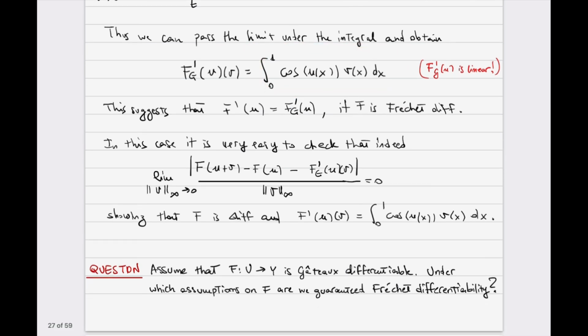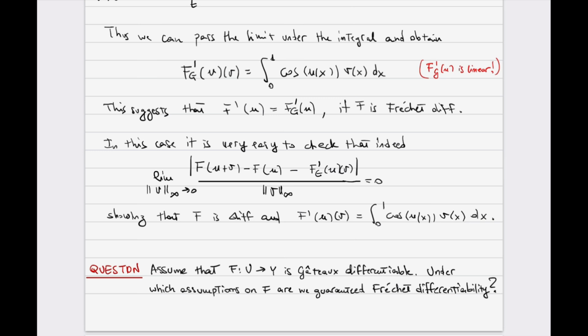Okay, so a question as suggested by this example. We had this functional, and we saw that it was Gâteaux differentiable, and then by some miracle it happened that we could check by hand that the Gâteaux derivative was actually also the Fréchet derivative.